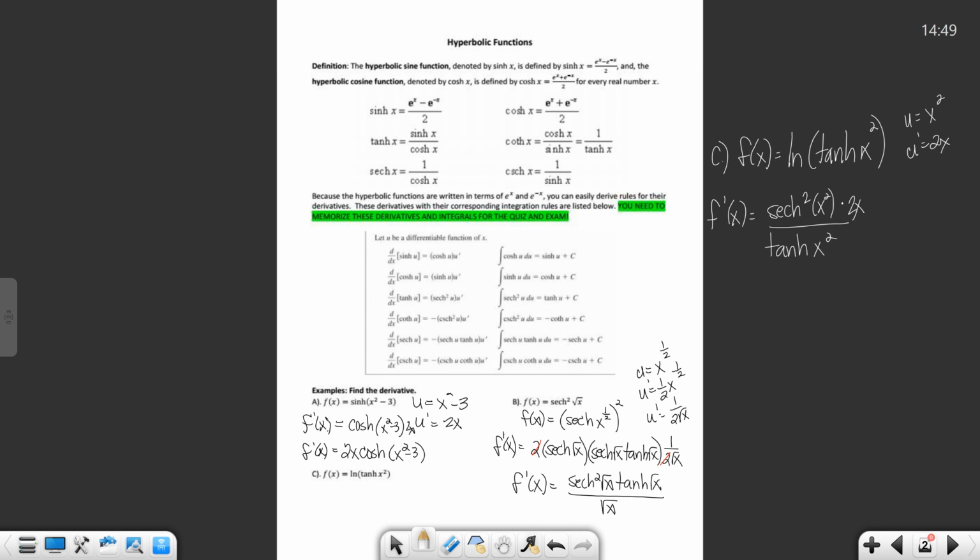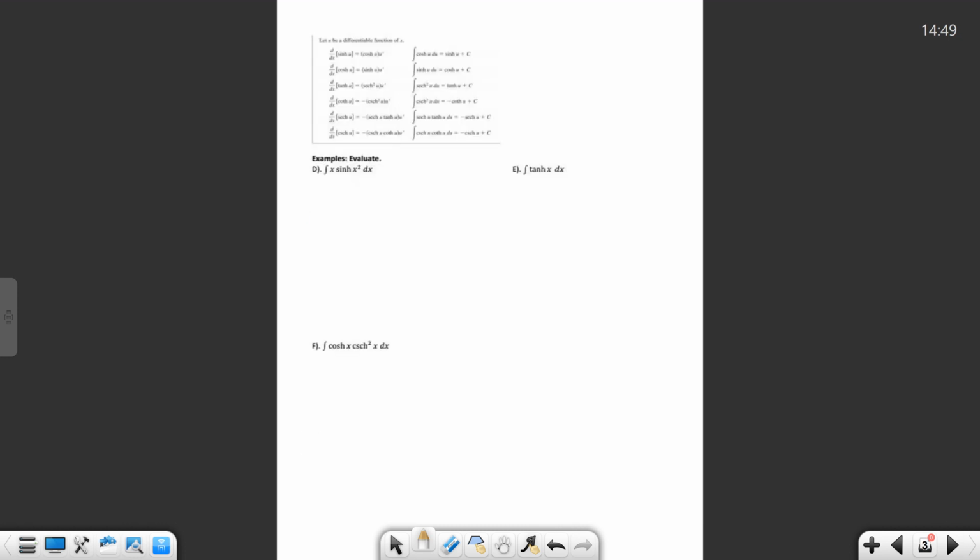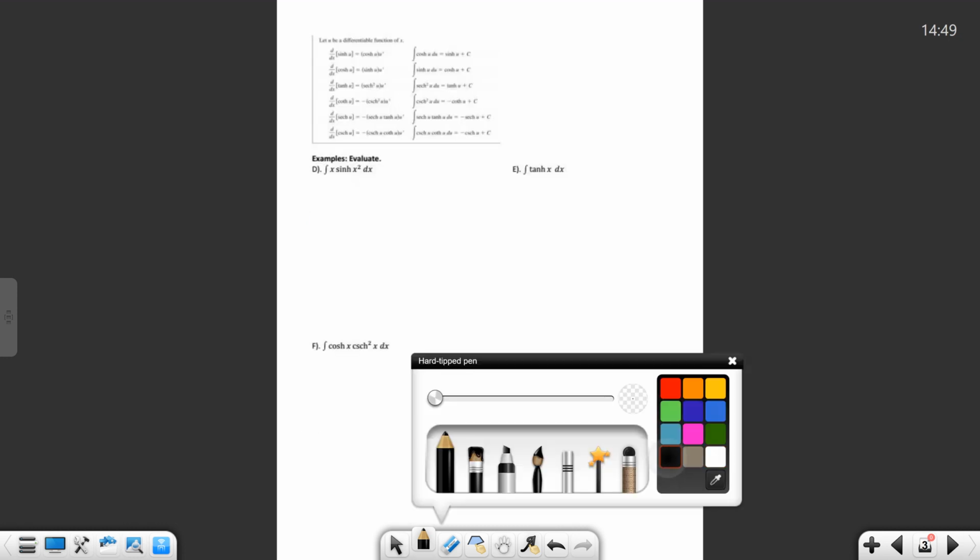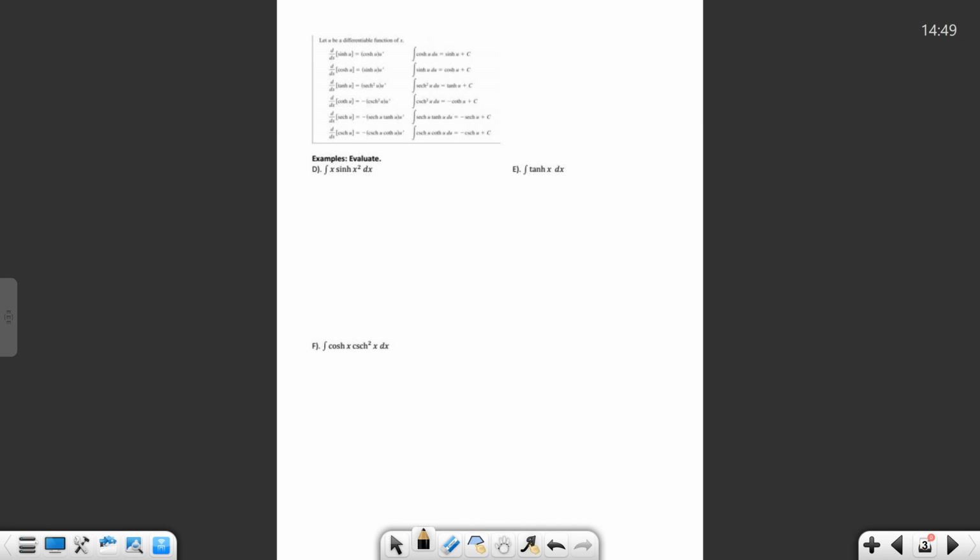And then we've got some integration examples to do. Let's look at those. I want to integrate x times hyperbolic sine of x squared. Again, u substitution is kind of your first thing to try, and we let u be the angle. Then du would be 2x dx, which is no big deal. If I need to throw in that 2, I'm going to cancel it with the 1/2.